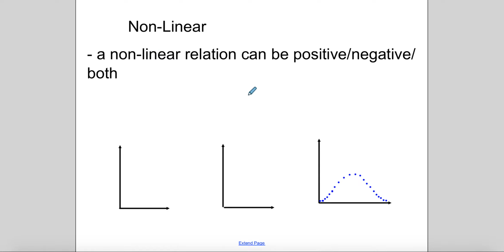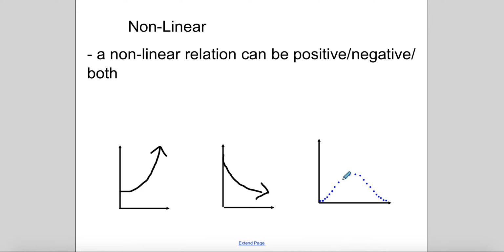Now, a non-linear relationship can be positive, negative, or both. So remember, positive is up to the right. Here's a non-linear relationship up to the right. It's going up that way. A non-linear relationship that goes down to the right, something like that, and the dots would follow this pattern.